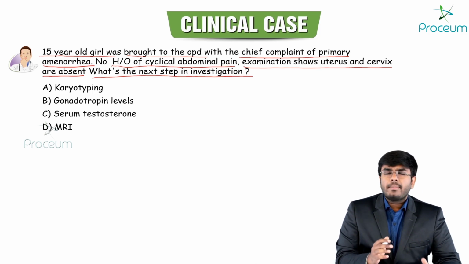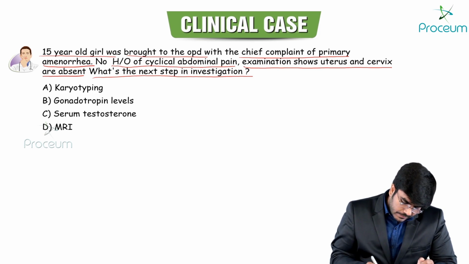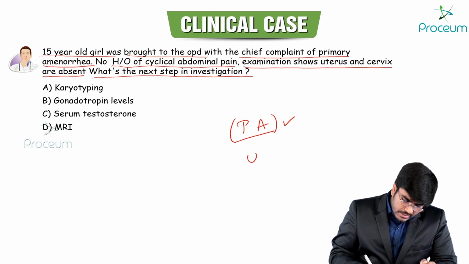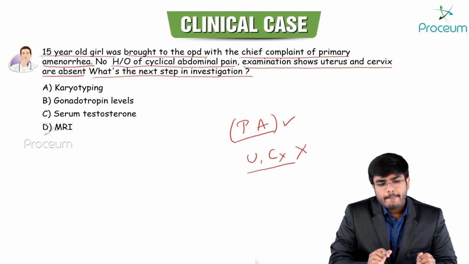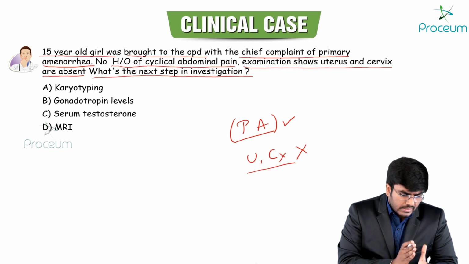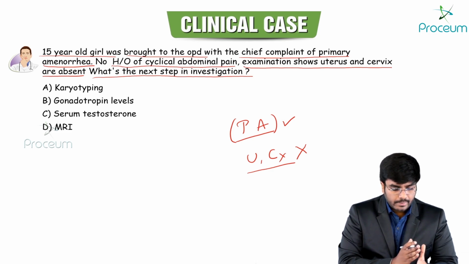Guys, now I am getting a doubt here. See, primary amenorrhea is there. Uterus, cervix, not there. Now, in the condition of Mullerian agenesis, this female is going to present to the clinic with primary amenorrhea.